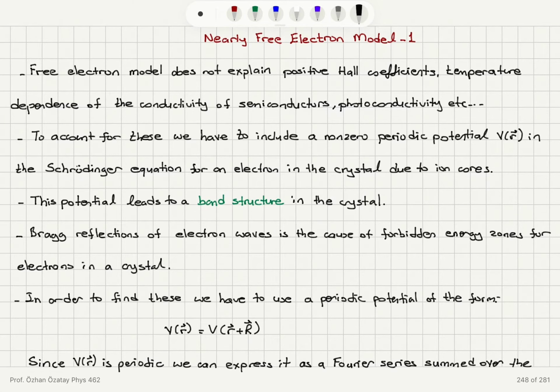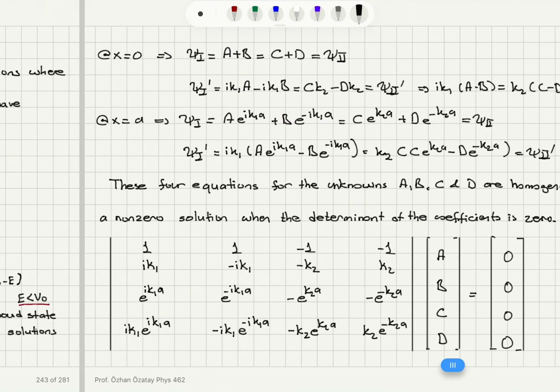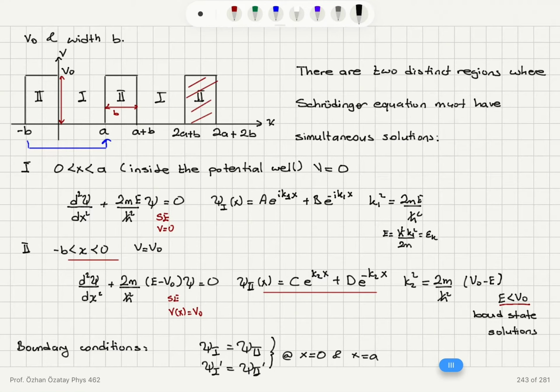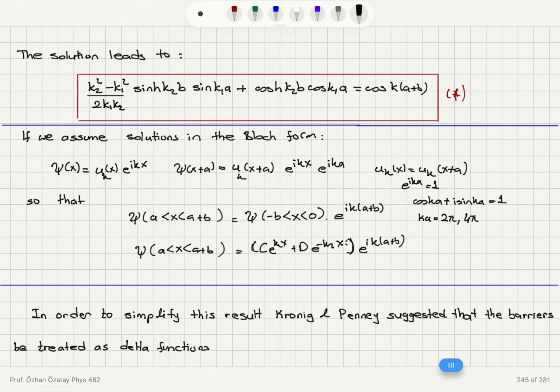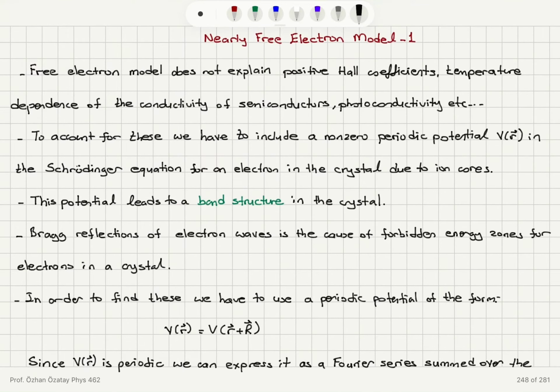This model suggested that if we use periodic delta functions to simplify the problem, to account for these potential wells that the electrons are traveling in, we find that we must have energy gaps at the Brillouin zone boundaries. So that's what we have found using the Kronig-Penney model.